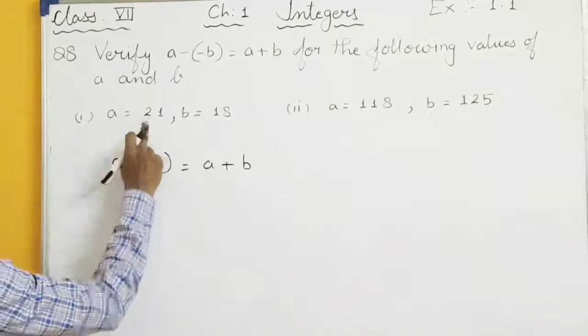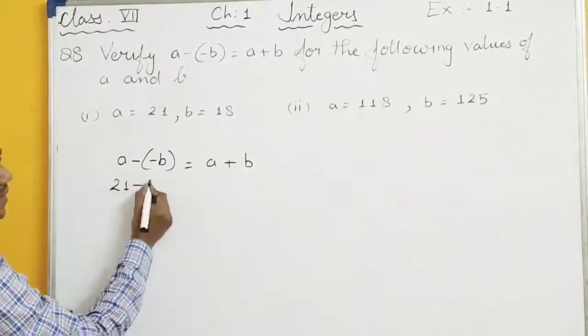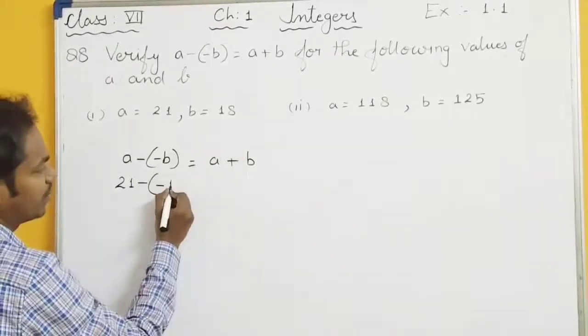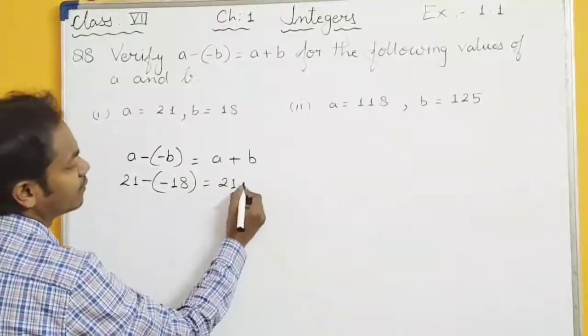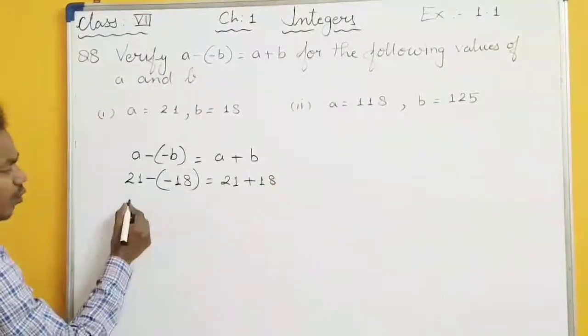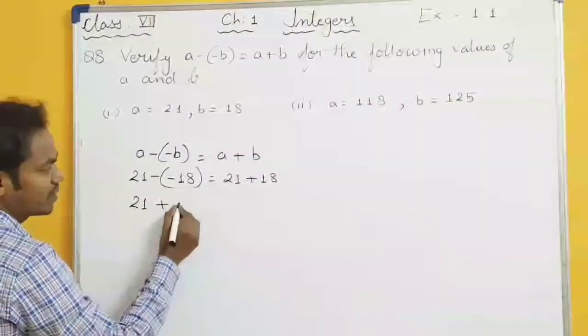What is A in first question? A is 21, minus sign, again minus, then B. What is B? B is 18. A is 21 plus B is 18. Open your bracket. Minus multiplied by minus, it will become plus.